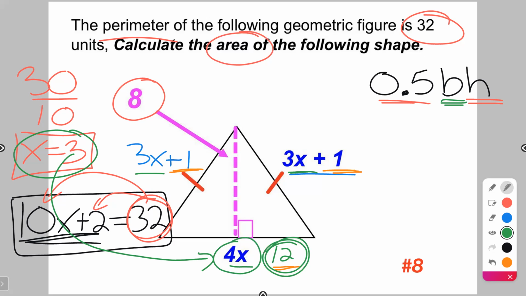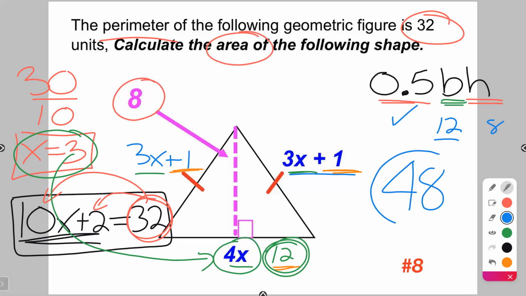That's all I needed to know, because now I just apply the formula: 1/2 multiplied by 12 and then multiplied by 8. Half of 12 is 6, and 6 times 8 gives us 48. That's units squared, and that is the area of that isosceles triangle.